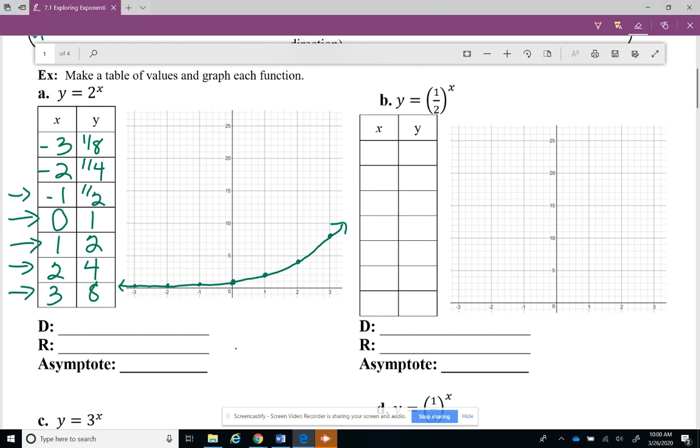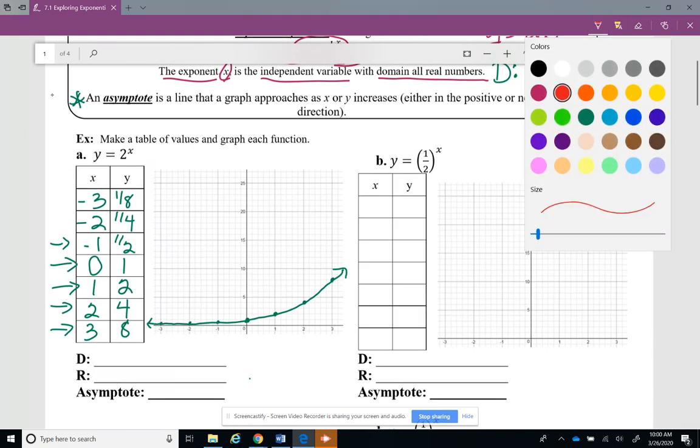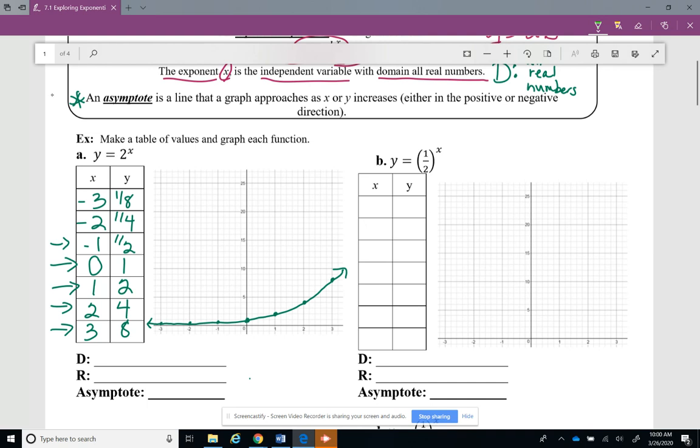Now I want to explain to you what an asymptote is. I want you to get a different color pencil, pen, writing utensil, I don't care. And I want you to do a dashed line on top of the x-axis. That is an asymptote. An asymptote is a line that a graph approaches as the x or the y increases. All right, so as I'm going from left to right, we see that this is increasing, okay?